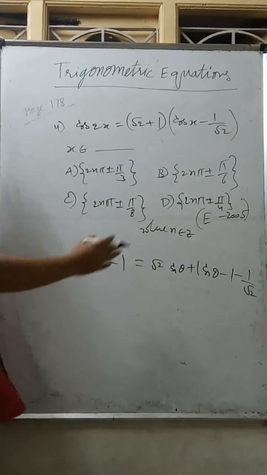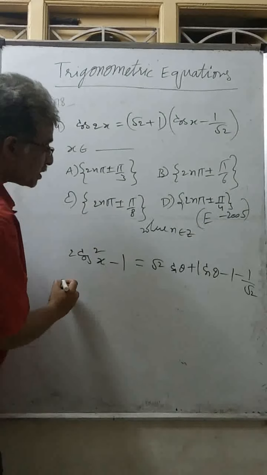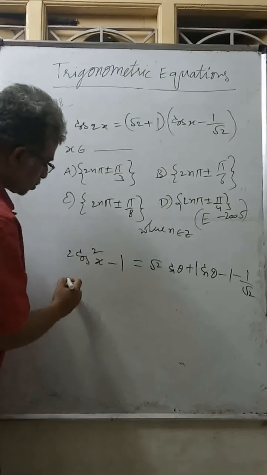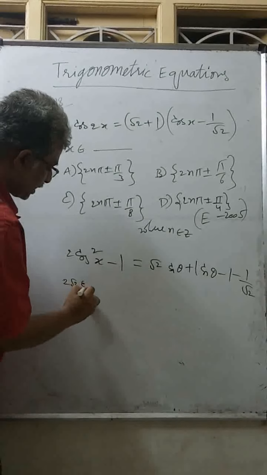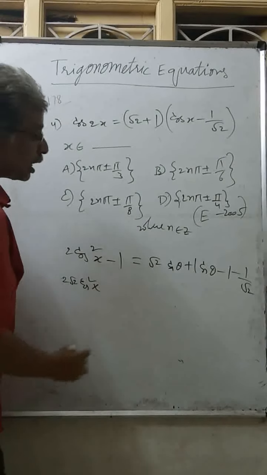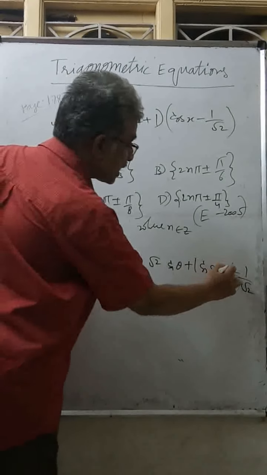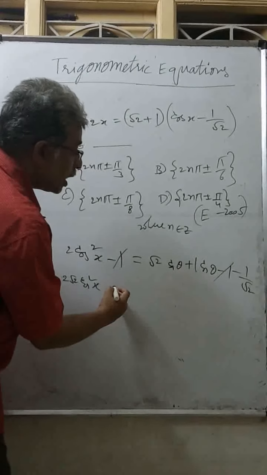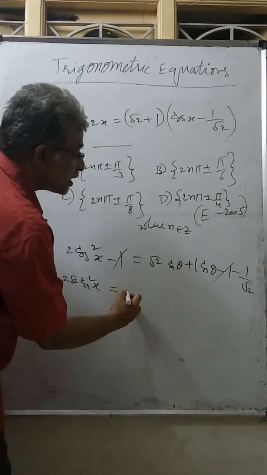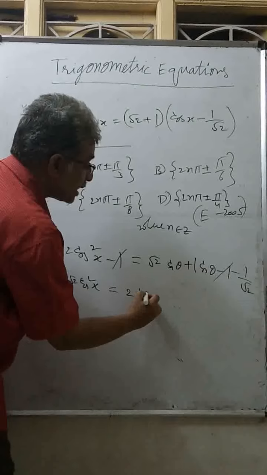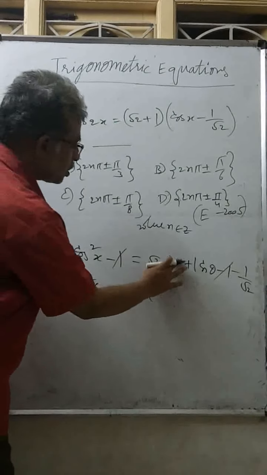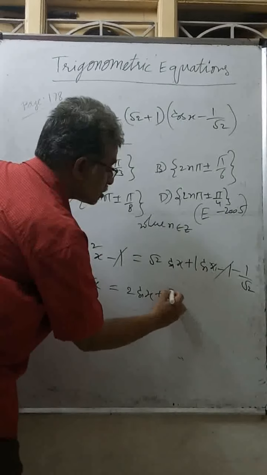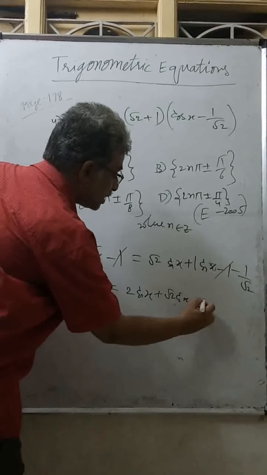So if I take root 2 LCM, and root 2 to this side, what happens? So root 2 cos square x, and this minus 1 I can cancel on both sides. 2 root 2 cos square x equals, this becomes root 2 into root 2, 2 cos x, and this is root 2 cos x minus 1.